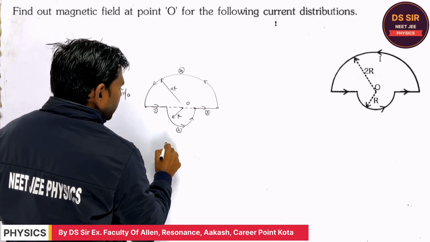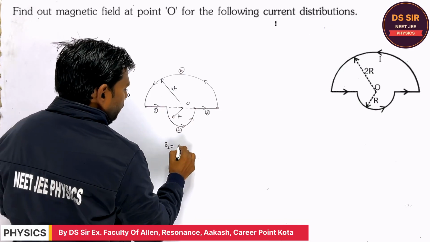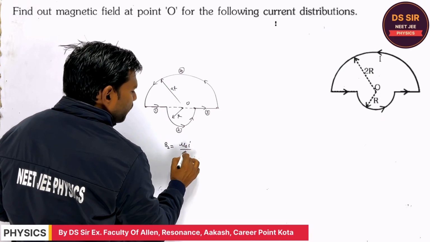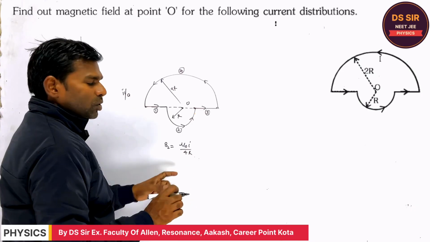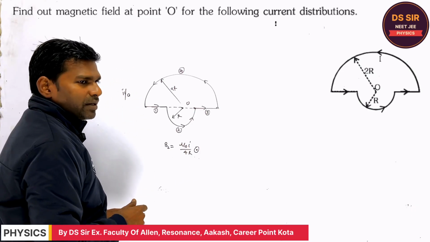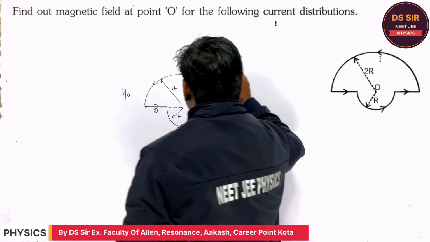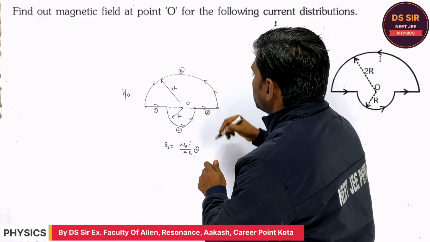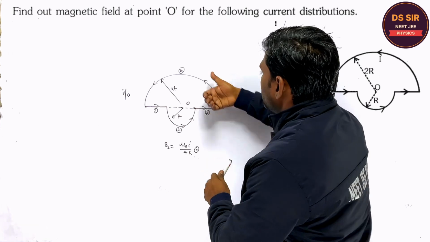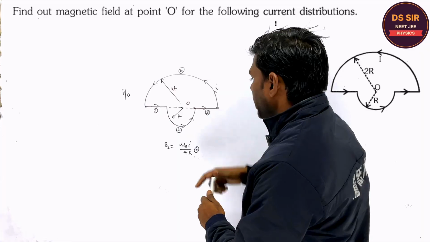And what is the magnetic field due to the second part? Tell. Mu naught I upon 4R. Yes, right. And it is out of the board. Fine. And now this is the semicircle again. So at this point, the current is I in this direction, out of the board, right?